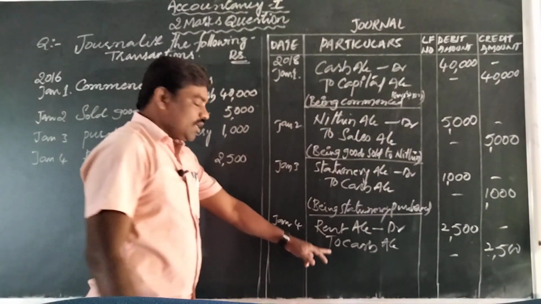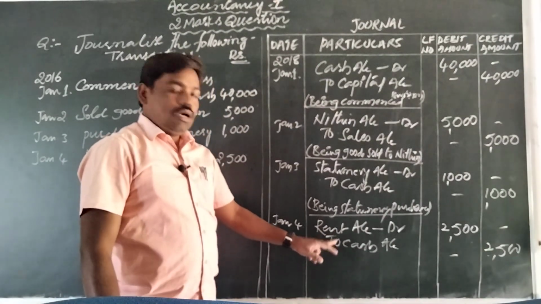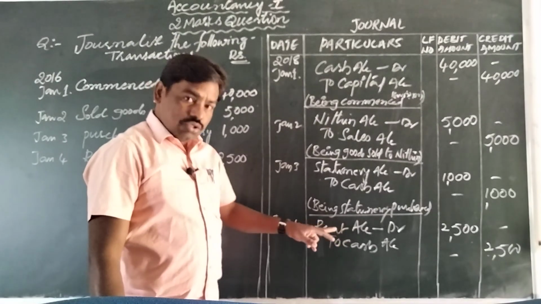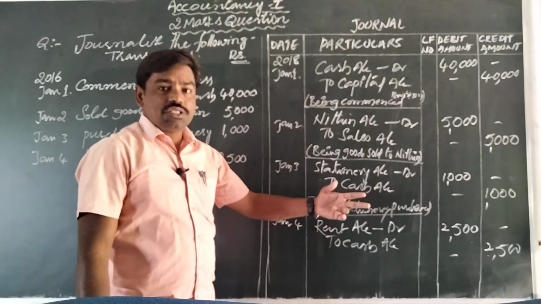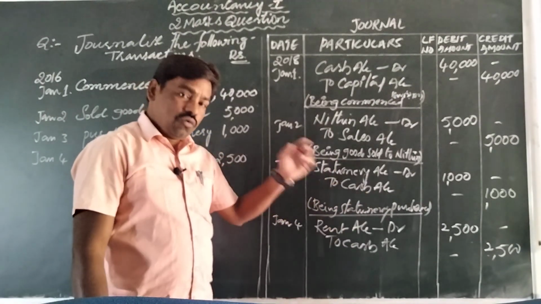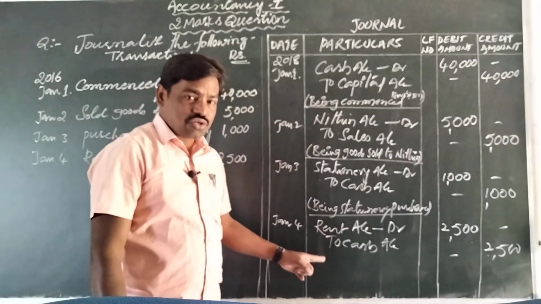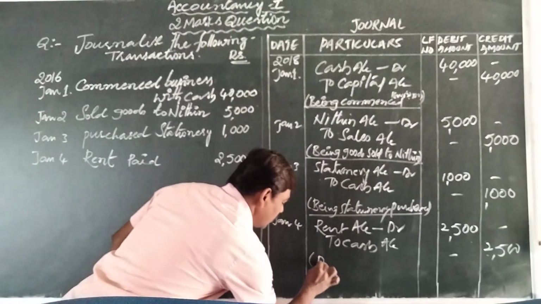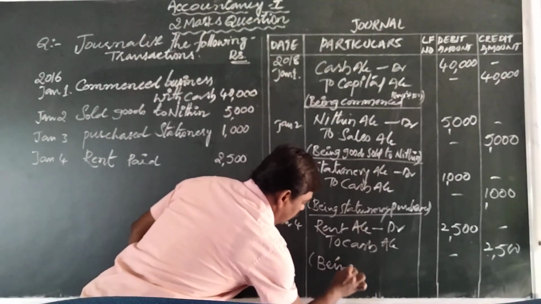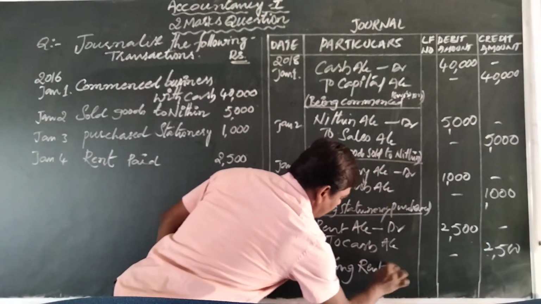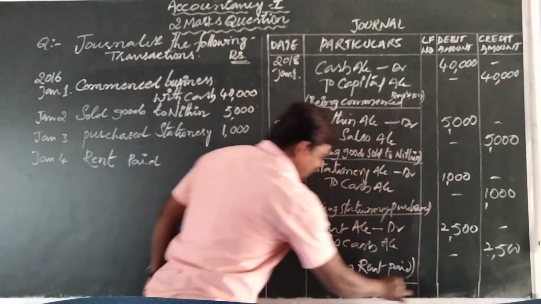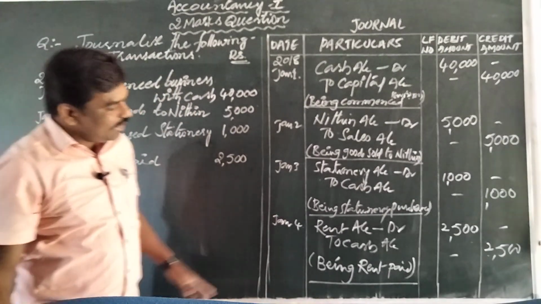To understand why we write cash account on the credit side, you need to watch the previous videos where I explained why we have to take cash account on the credit side in the journal entry. Narration: being rent paid. So like this we can write the entry and narration.